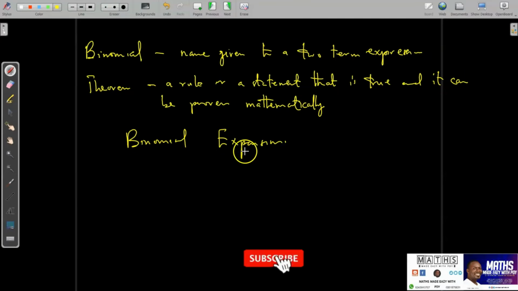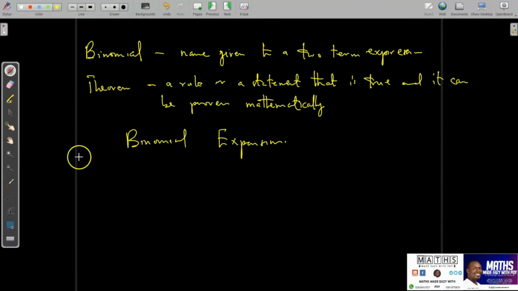And from the binomial expansion, that is where we come to learn about binomial theorem, whereby we'll be learning about a rule that can be used to simplify all forms of binomial expansions. Therefore, this concept falls under algebra, and as I said early on, algebra is the backbone of mathematics.